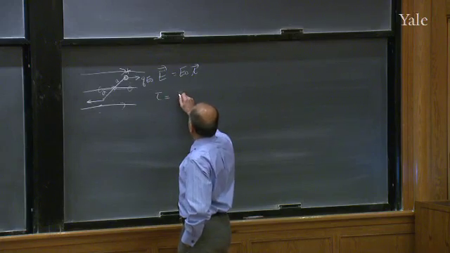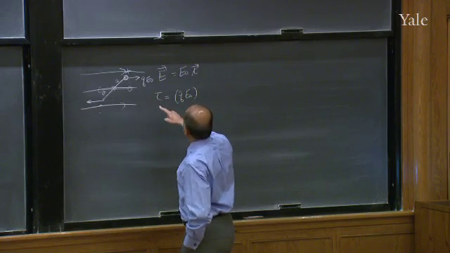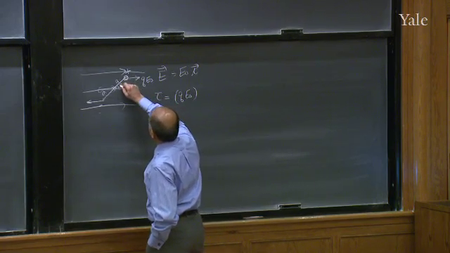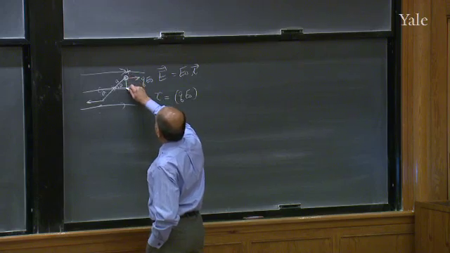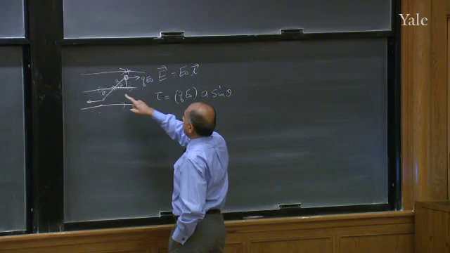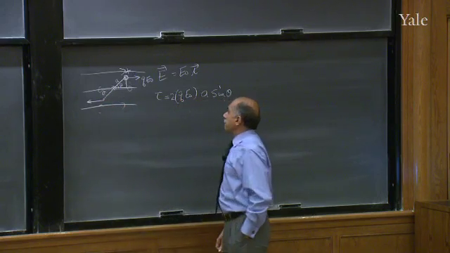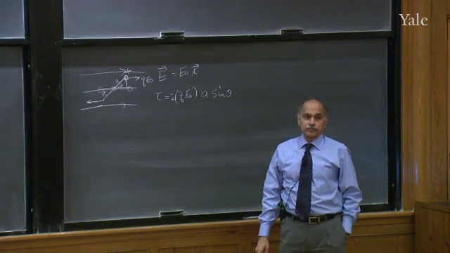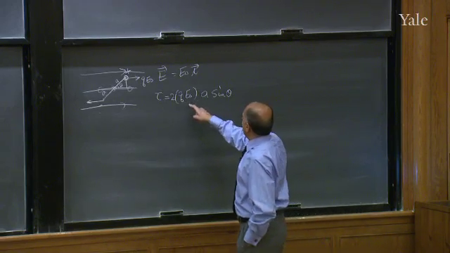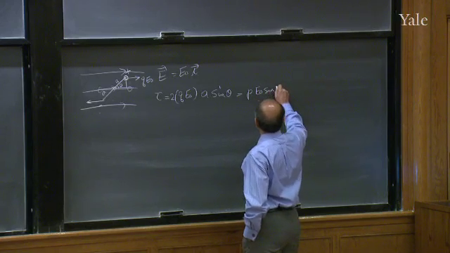Magnitude of the torque is the force times the perpendicular distance. So if this angle is theta here, and you want the perpendicular distance, it is a sine theta. Then there's another a sine theta from that one. That's the torque. Since 2qa is p, it's p E0 sine theta.